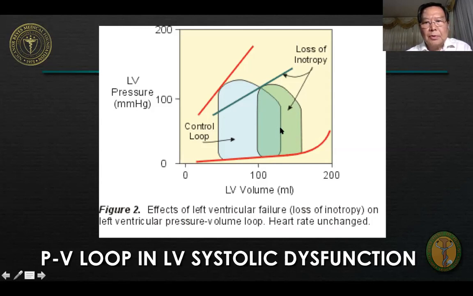Take note that the stroke volume is this volume minus this volume. So the stroke volume only becomes this much, and that stroke volume is lower than the reference stroke volume in normal individuals, right? And if you take note, the end-systolic pressure inside the left ventricle is also slightly higher, and your peak systolic pressure is kind of lower compared to that of the normal.